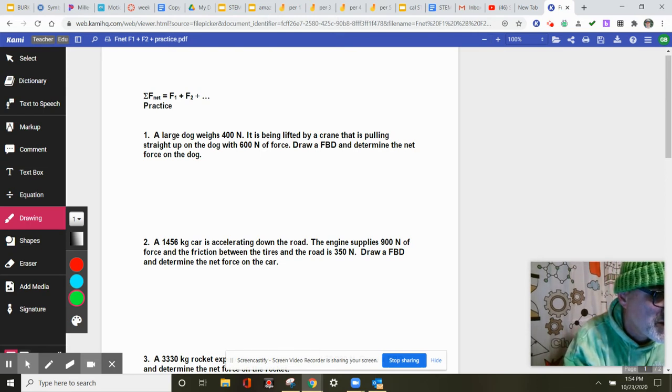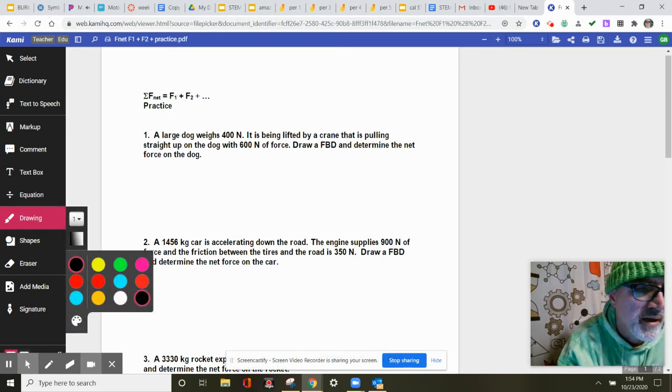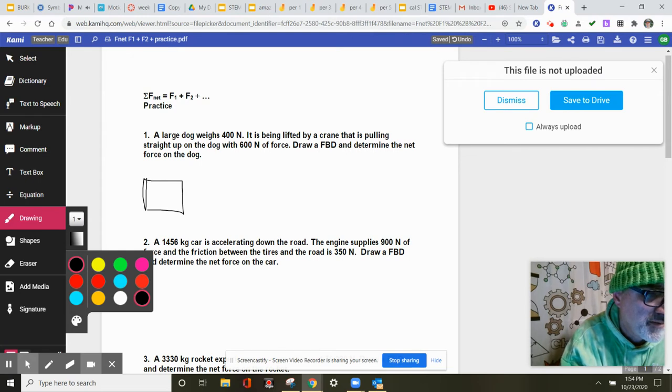So let's use our drawing tool. We have a dog that's being lifted, and I think on your copy I went ahead and included some boxes for you. So we've got the force of gravity pulling down, which is 400. That's weight.